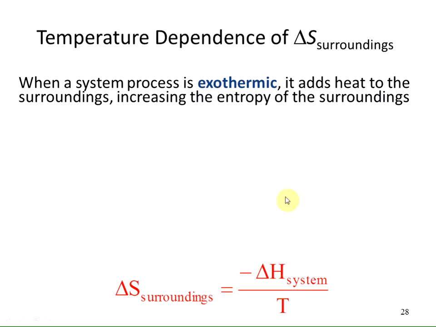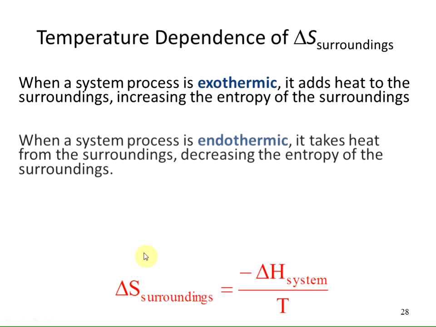So when a system process is exothermic, it adds heat to the surroundings, and this increases the entropy of the surroundings. So remember, in an exothermic reaction, heat is being released, we're withdrawing energy, that's a negative, and so a negative of a negative is a positive, so the delta S of the surroundings increases with an exothermic reaction.